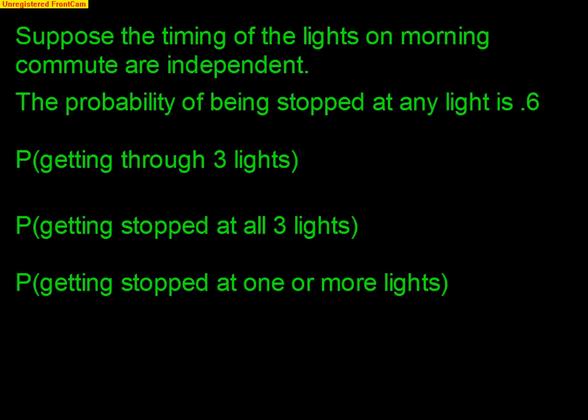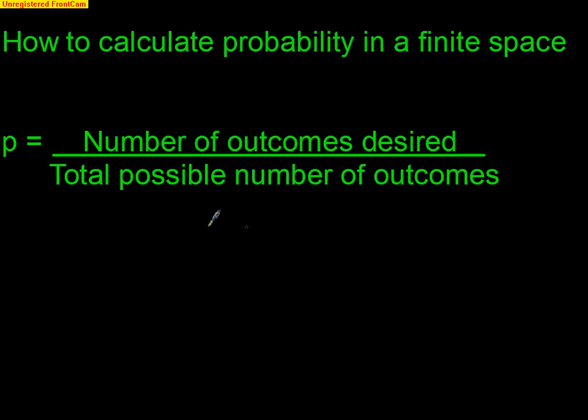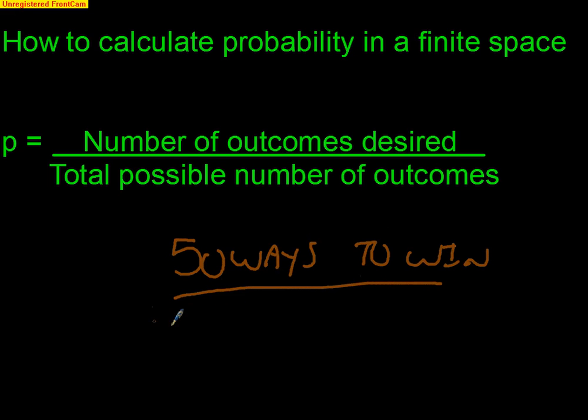Actually, I'm going to skip this slide, and I apologize for doing that to you, but we'll just keep it here, and I'll give you an example of this. Let's say there are 50 ways to win. There are 150 total outcomes.